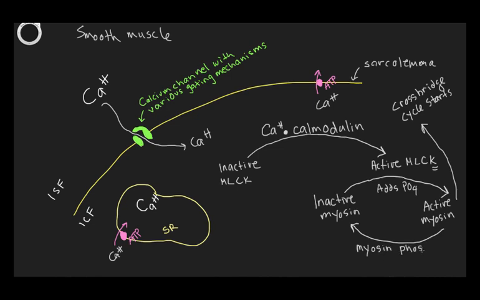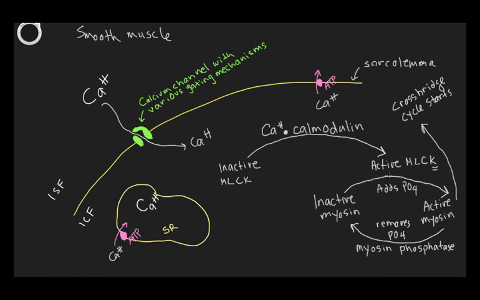And what that does is removes a phosphate. So there's a war going on between myosin kinase and myosin phosphatase. So myosin phosphatase is always, always, always active, and it's constantly taking the phosphates off myosin to inactivate it. And myosin light chain kinase is always adding the phosphate to it as long as it's active.